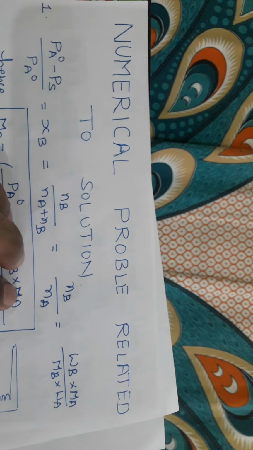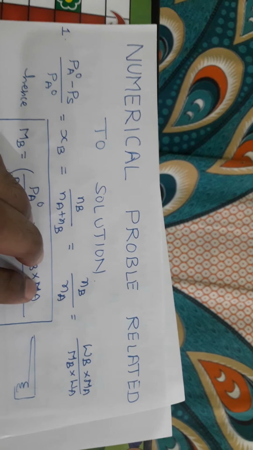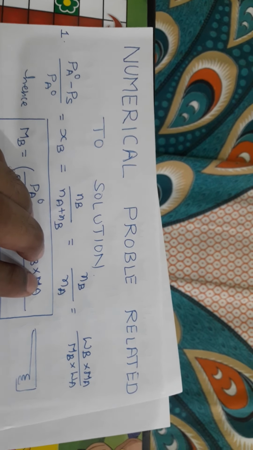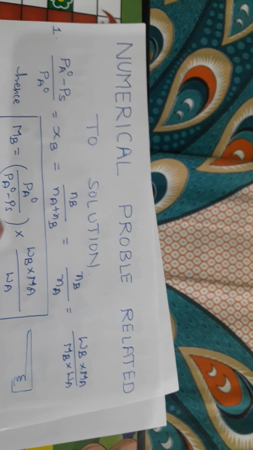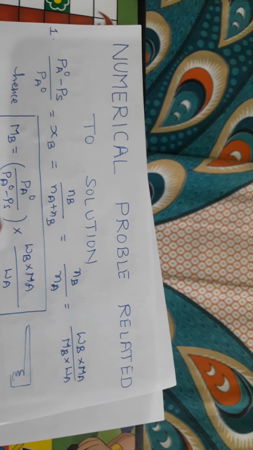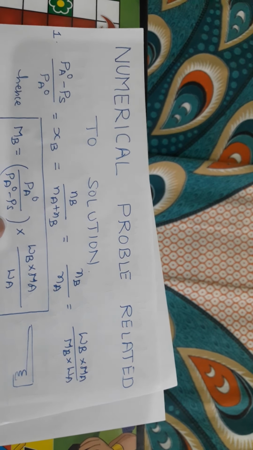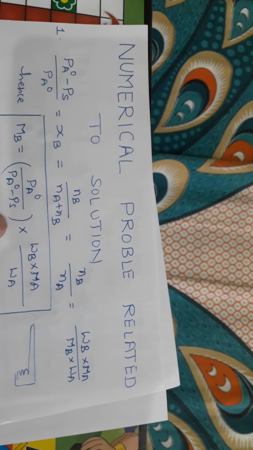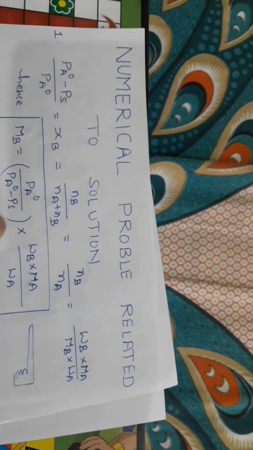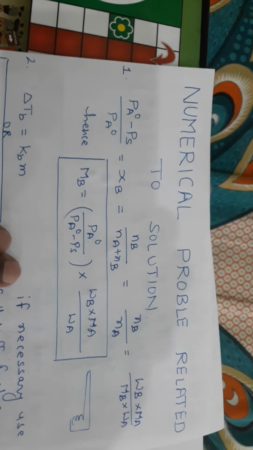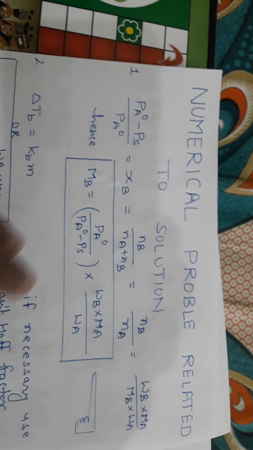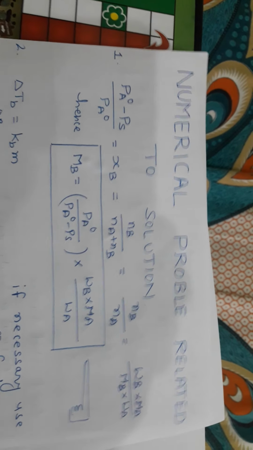Nb can be written as Wb by Mb and Na can be written as Wa by Ma. So our net formula is (Pa0 minus Ps) upon Pa0 is equal to Wb into Ma upon Mb into Wa.